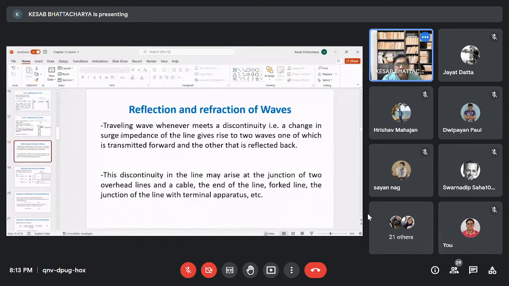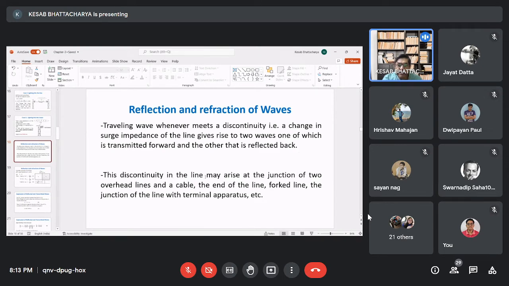Okay. Traveling wave, whenever it meets a discontinuity, that is a change in surge impedance of the line, gives rise to two waves, one of which is transmitted forward and the other is reflected back.